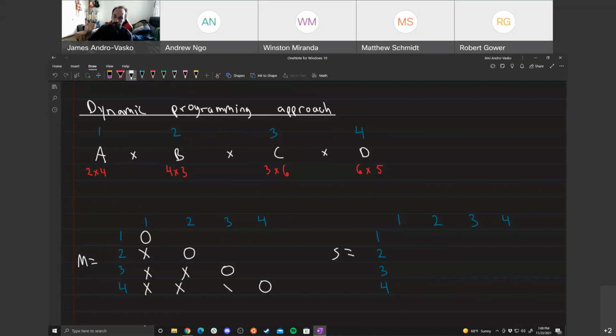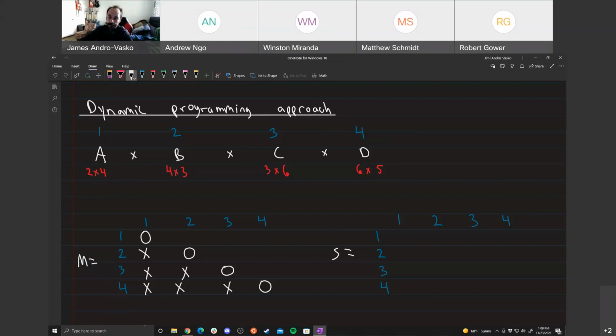For example, you can't multiply matrix 2 with 1 in that order because matrix multiplication is not commutative. I can do A times B, I can't do B times A. So these will be empty over here. And the main diagonal will contain all zeros, because to get A, we don't have to multiply. We already have our answer A.